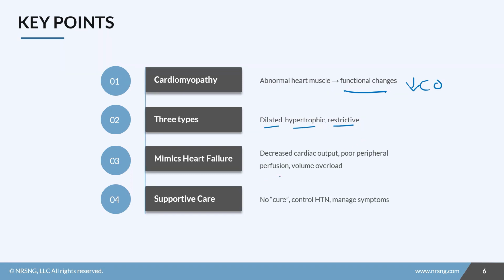Again, these symptoms will mimic heart failure, because they decrease cardiac output. You'll see poor peripheral perfusion, volume overload, that's your JVD, and your pulmonary edema. And remember that there is no cure really for cardiomyopathy. We just do supportive care. We want to control their blood pressure, manage their symptoms, and then they may end up with an LVAD as a bridge to transplant if necessary.